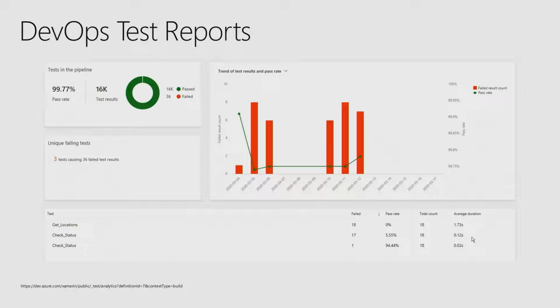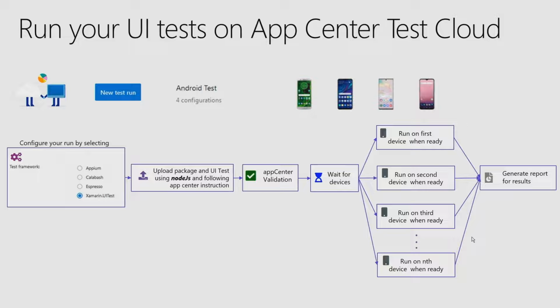And regarding the UI tests, you can run them on your App Center Test Cloud. And it's very simple. You just configure your run, in this case by creating a Xamarin UI test.